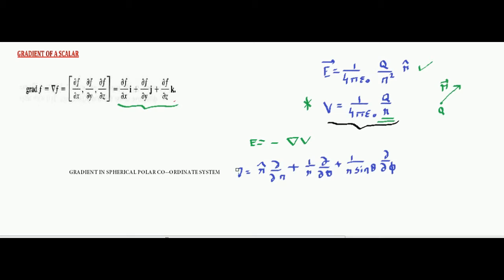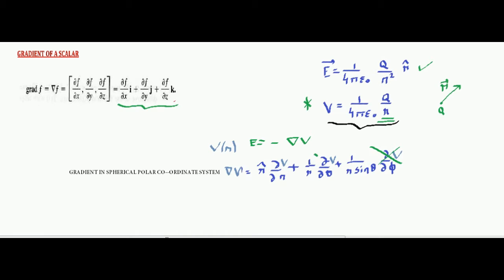So what I'll do is I'll write here the gradient of V. So what do I get? When I act the gradient on V, you know that V is a function of r, so it is not a function of either theta or phi. So the gradient of V will be, just put V's all around here, and since V is not a function of phi, dV by d phi is 0.